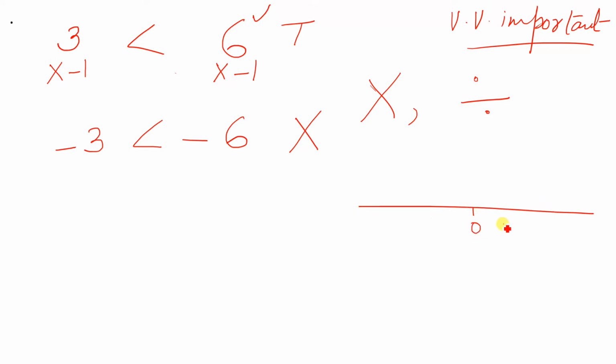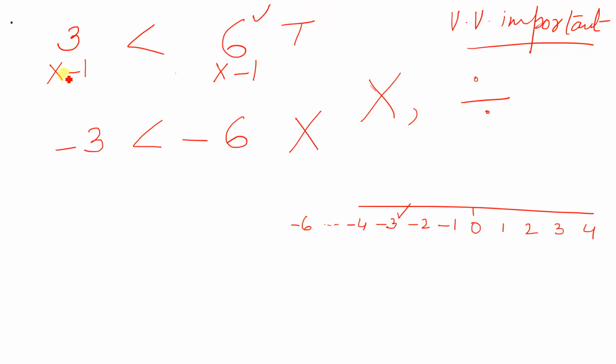Right? I will show you here with the help of a number line. This is 0. Here we have positive 1, 2, 3 and so on. But on the left hand side we have negative 1, negative 2, negative 3, negative 4 and so on. Here is negative 6. So negative 3 is greater than negative 6.